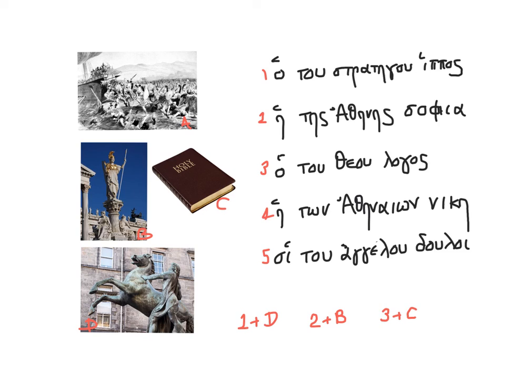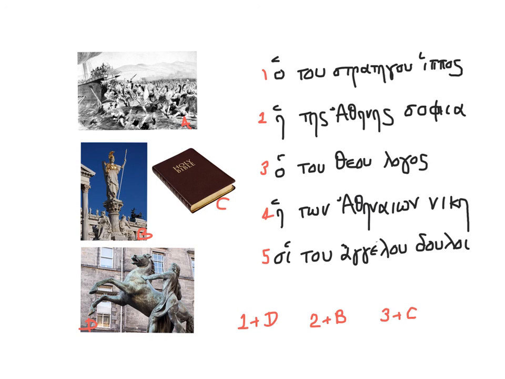Two more Greek expressions left, only one more picture. The picture that's left is a picture of A, and that's a picture of a battle. And in fact, although it may not be clear from that picture, it's a picture of the Battle of Marathon. And this is an Athenian victory, so it's hee tOn Athenaion nikee that belongs with that.